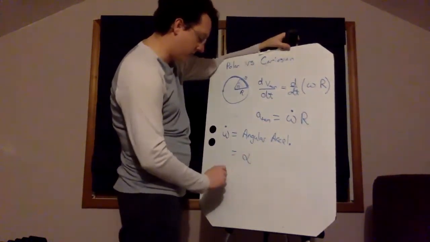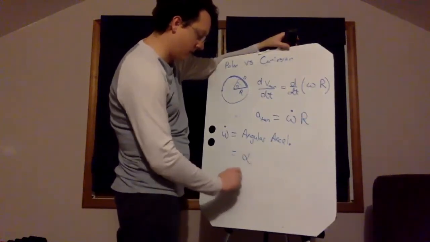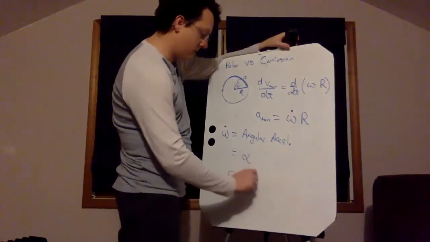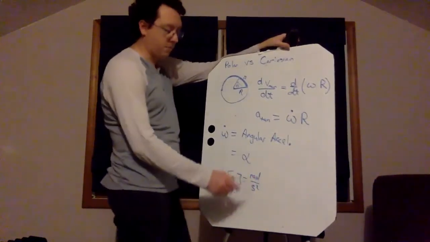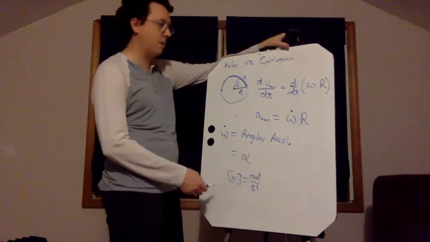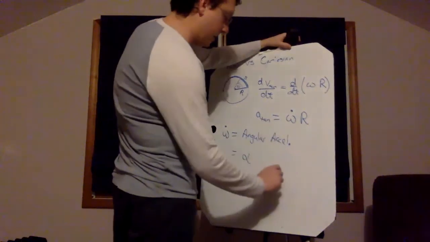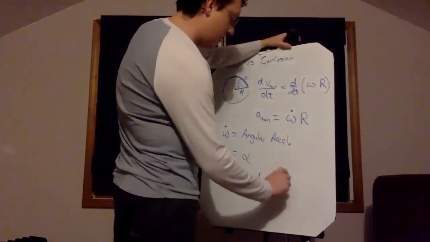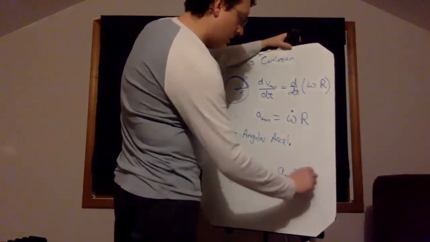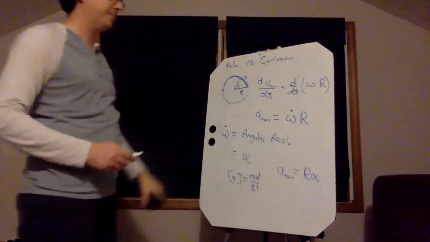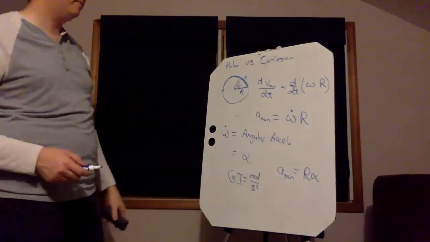Okay, so the units on alpha are radians per second squared. So instead of meters per second squared, it's going to be radians per second squared. And going back up here, my formula is that A tangent equals R times alpha, just plugging in for omega dot.